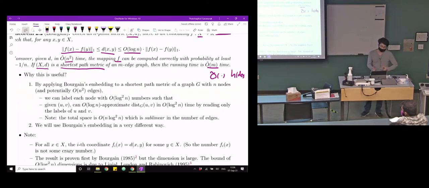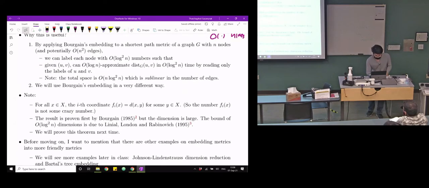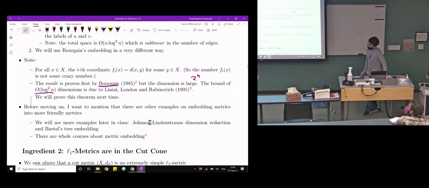Like some original distance between x and some other point. So this is by Bourgain. But the dimension that he proved was something like exponential in n. But this is improved to log square, so a lot of improvement. You will see next time how come this is true.